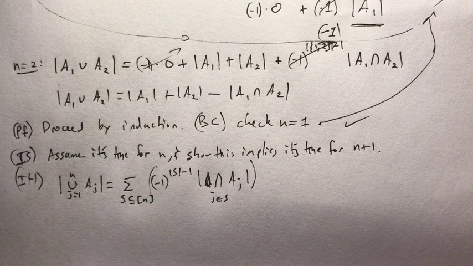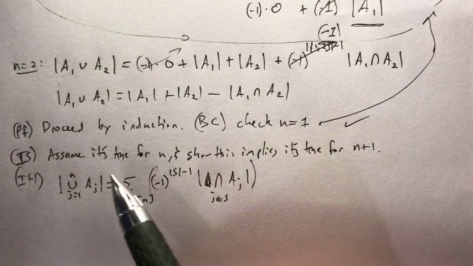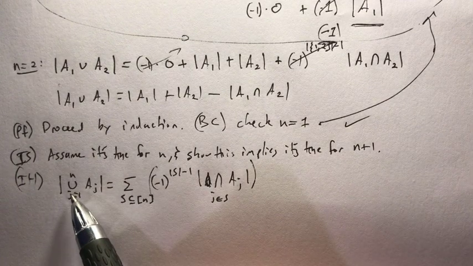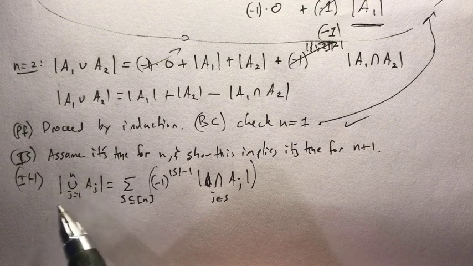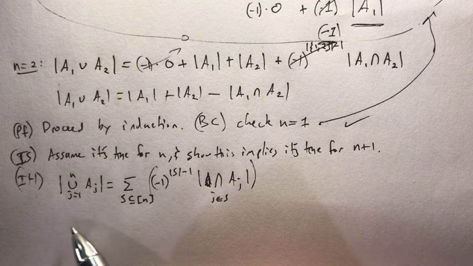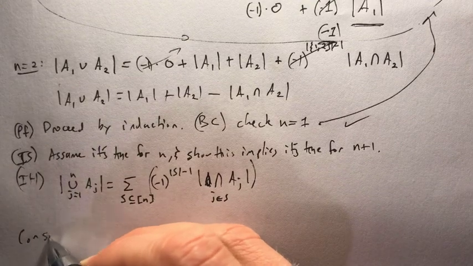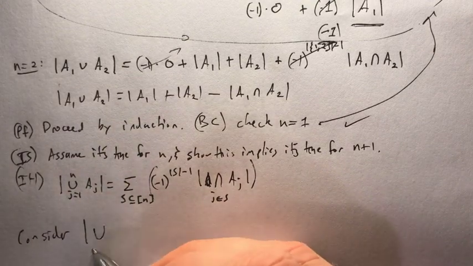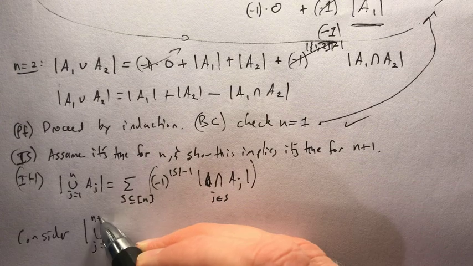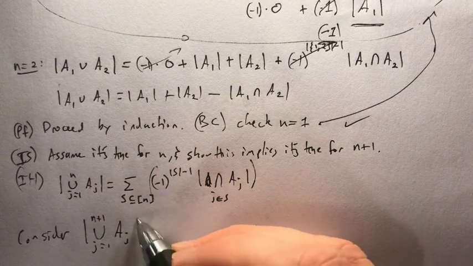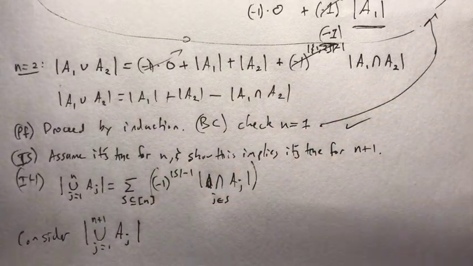So in order to get this true for n plus 1, I'm going to consider the left-hand side of the statement for n plus 1. So I'm going to consider the size of the union as j goes from 1 now to n plus 1. So I've added in some n plus 1th set.